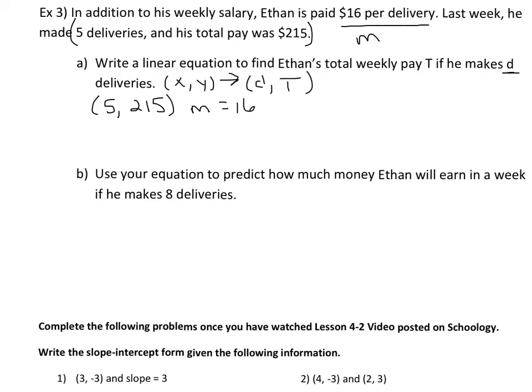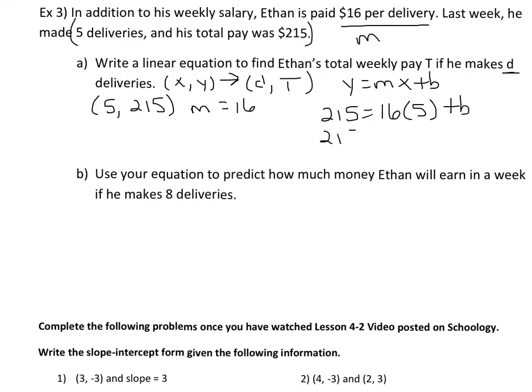So now we're going to be doing the same thing we were doing, trying to solve for B. I've got 215 equals, if I'm thinking about y equals mx plus b, my y value will be 215, my slope is 16, my x value is 5 plus b.